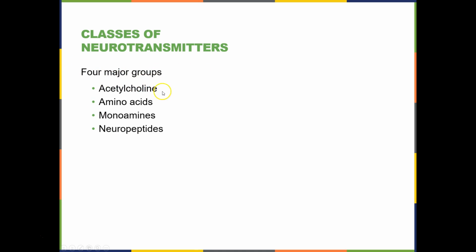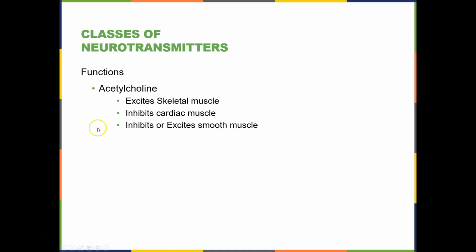There are four major groups of neurotransmitters that we talk about: acetylcholine, which we've talked about already, amino acids, monoamines, and neuropeptides. And I'm just going to quickly talk about these.